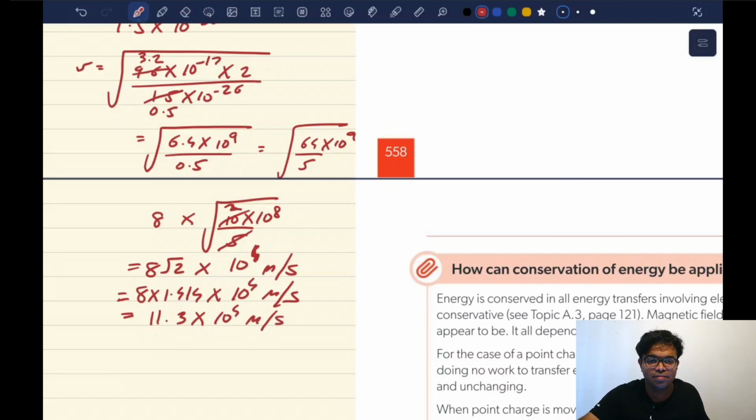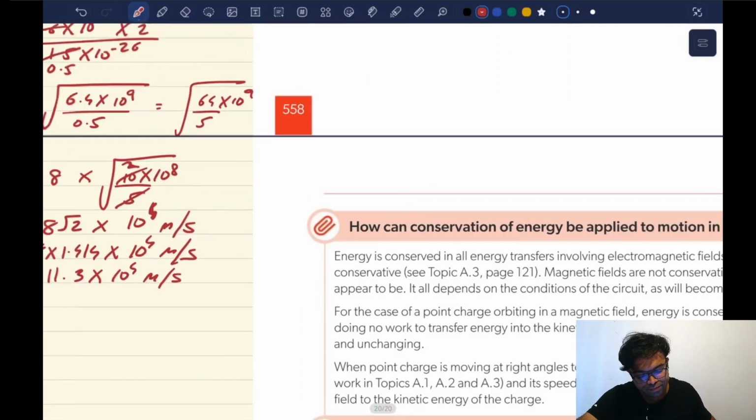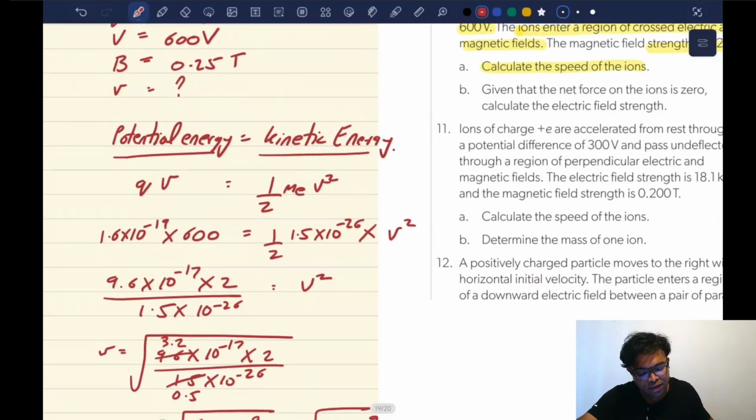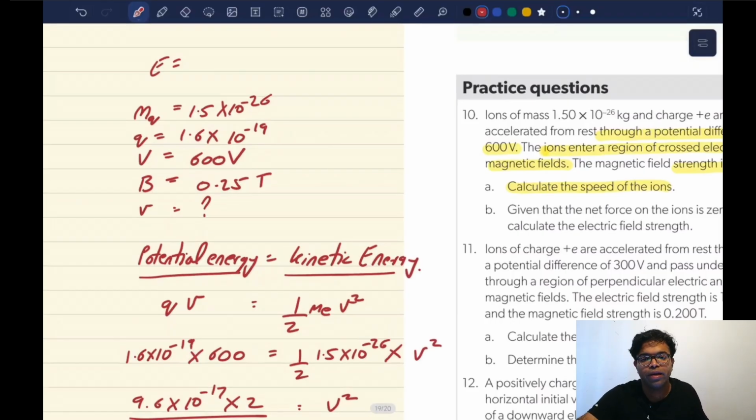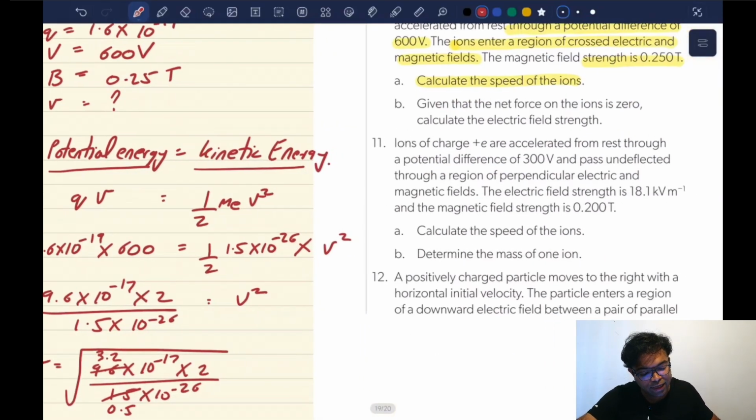Is this the correct answer? Okay, fine. Did you understand this question? We were moving in the wrong direction in the beginning. We were supposed to equate the potential energy and the kinetic energy.